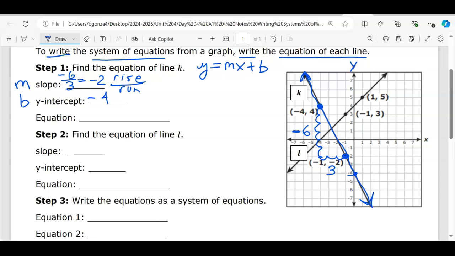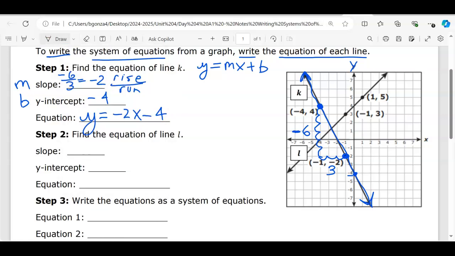So now that I have m and b, I'm going to write y equals mx plus b. Since it's negative, it's minus 4. That's it. We're just writing an equation from a graph, finding rise over run slope, finding the y-intercept.